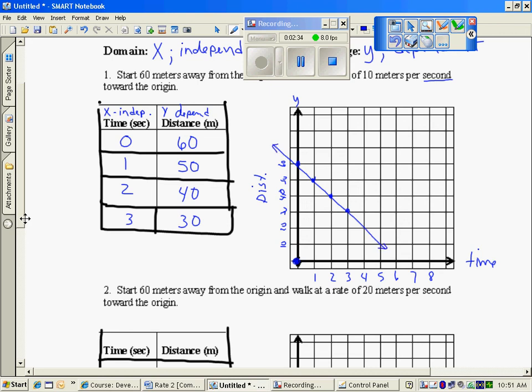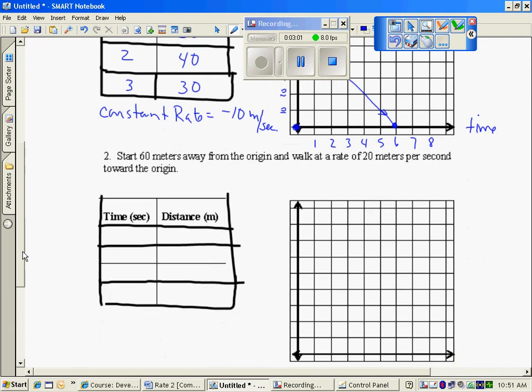And if I was to continue this, I would actually be even with the origin after 60 seconds. So we have this thing called a constant rate. And my constant rate we're going to refer to as negative 10 meters per second. It was negative because I was coming back toward. If you look at your line, the line is slanted downward.